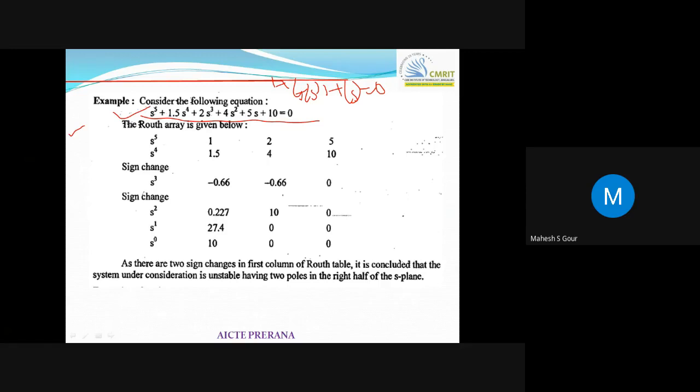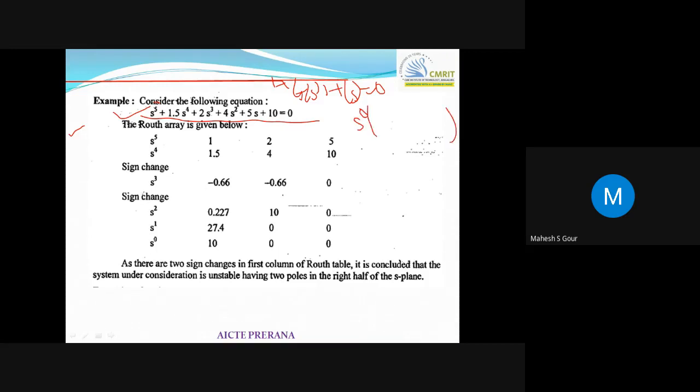Whoever was present in the last class, can you tell me what is the order of the system? 5. Okay, 5 is the order of the system. What is the type? Can anyone tell the type of the system? The type will be 0.